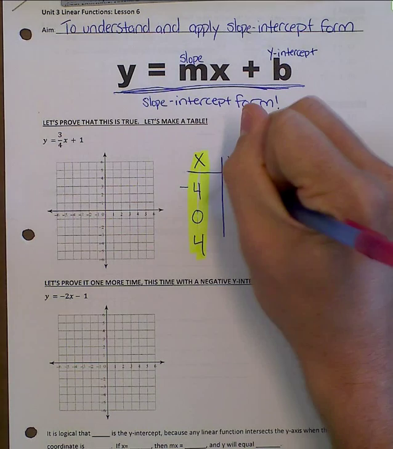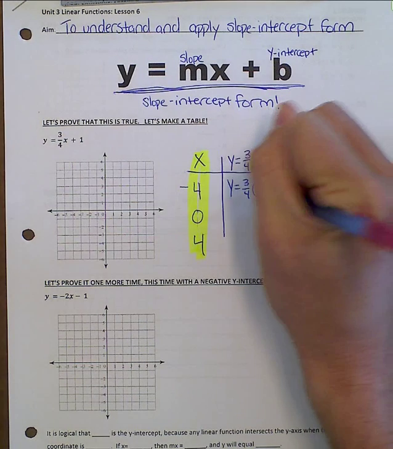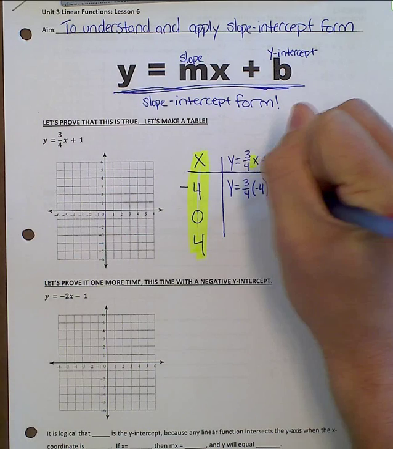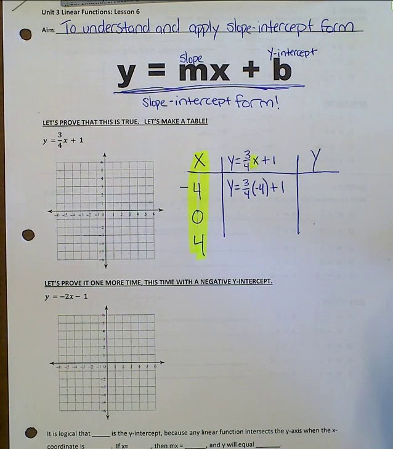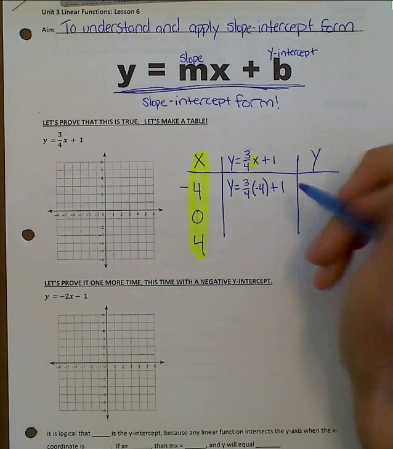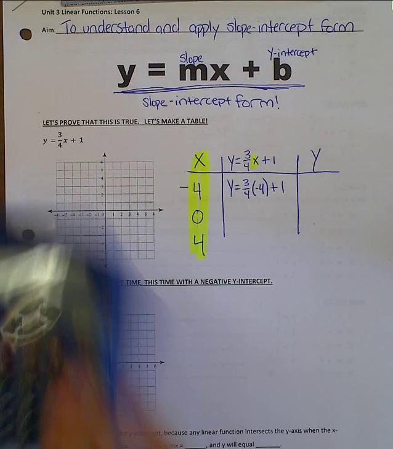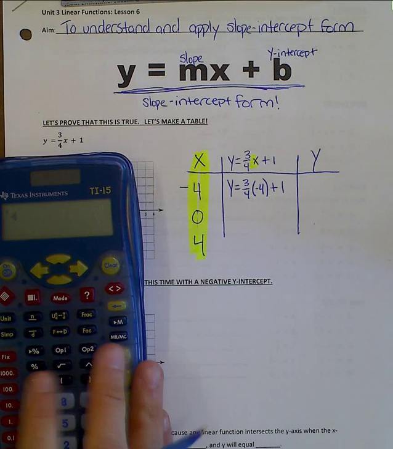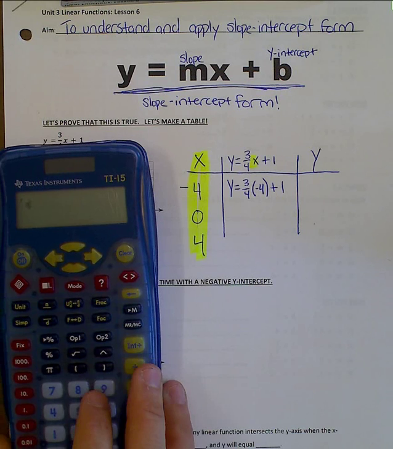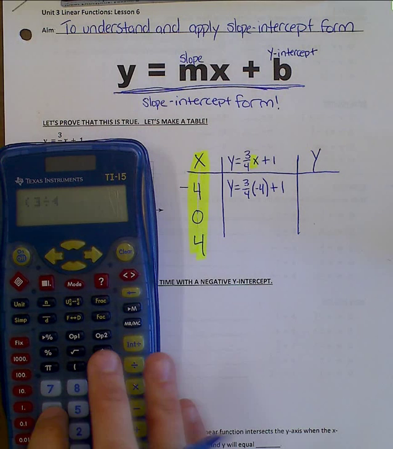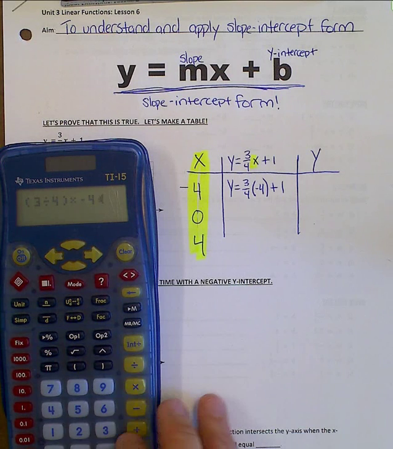I'm actually only going to do the first one because I'm going to use my calculator to get the output y. So I'm plugging this into a calculator: 3/4 times -4 plus 1.